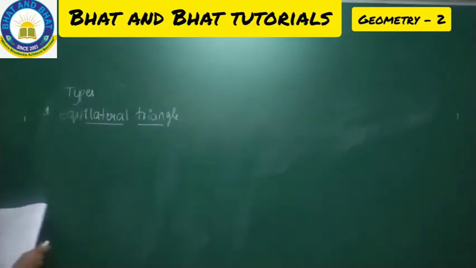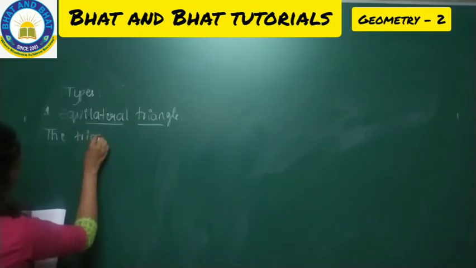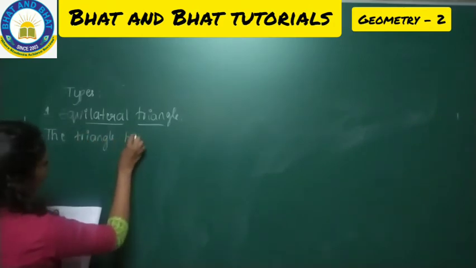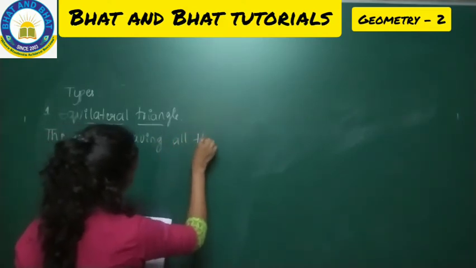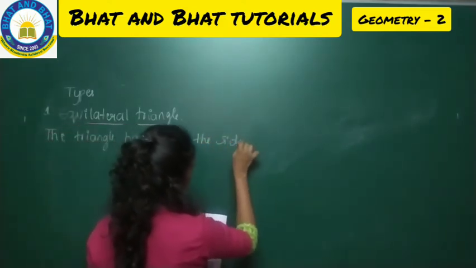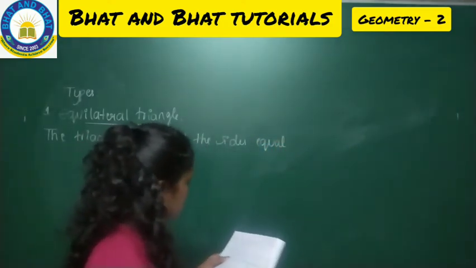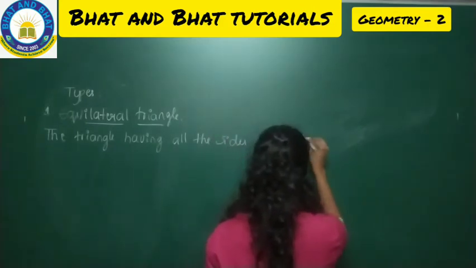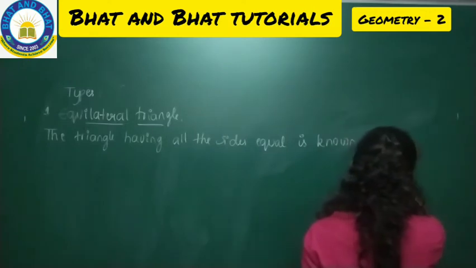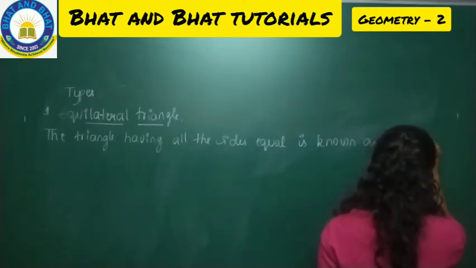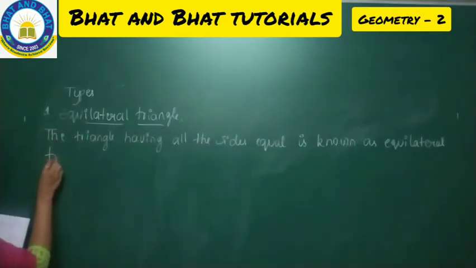The triangle having all the sides equal is known as an equilateral triangle.